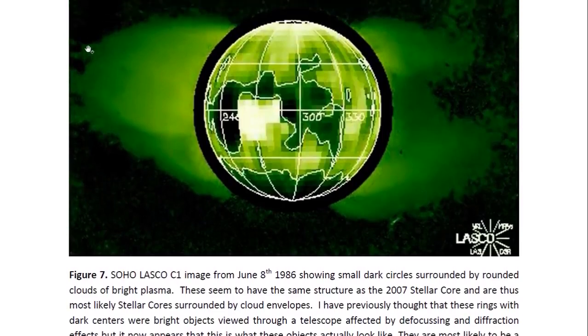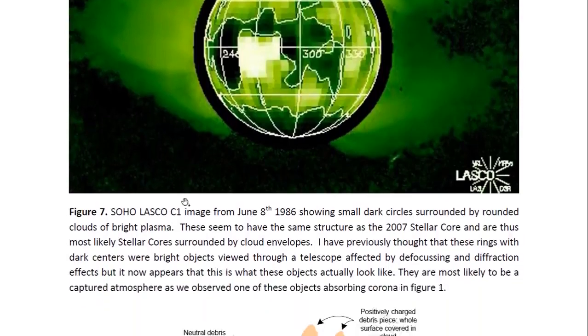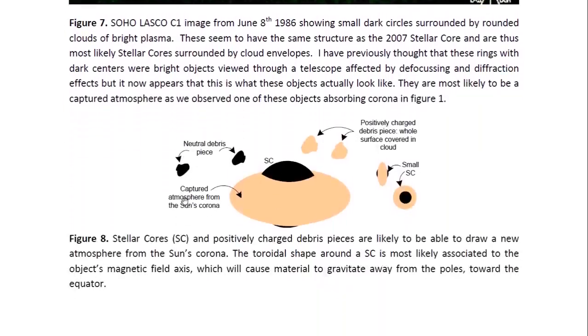But now I actually think that this is what these objects look like. They have this toroidal-shaped cloud around them. And this is perhaps then what they look like. This would be the stellar core, and it's the atmosphere that it gained that becomes this toroidal-shaped cloud. Smaller ones would have these as well.